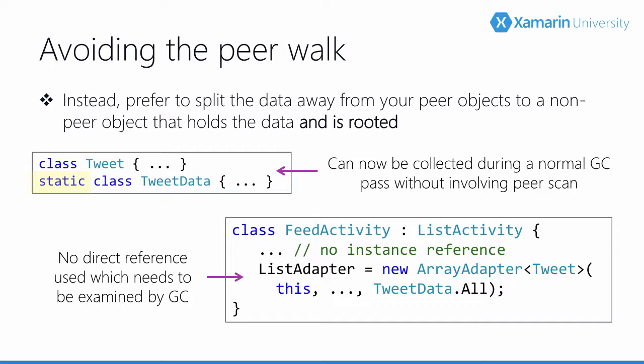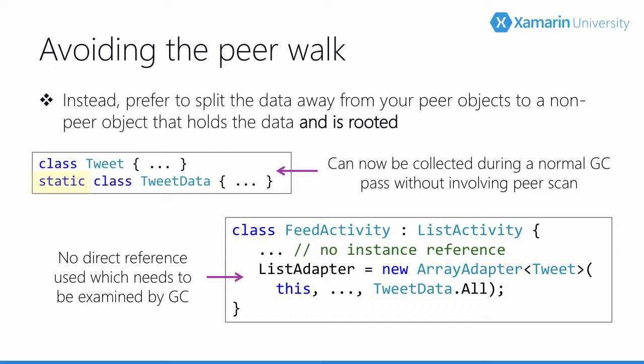And so we go to our tweet data and we say, give us all the objects from the static class. Notice in this case, we do not have a direct live reference to it as a field of our feed activity. That's the key. What the system's going to look at are all the fields and properties on the object itself, on the peer, and those are what it's going to scan, the relationships that it can get to. It's not looking at code, it's looking at the relationships that are contained within the instance.